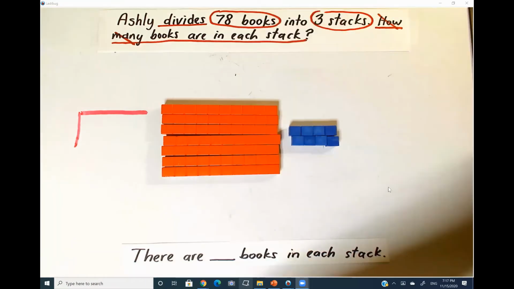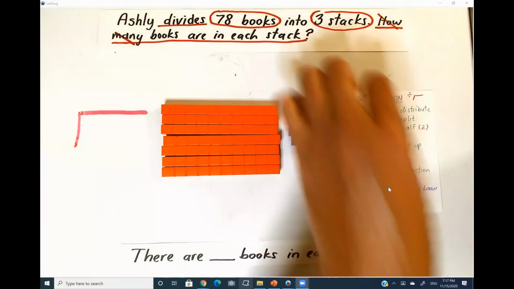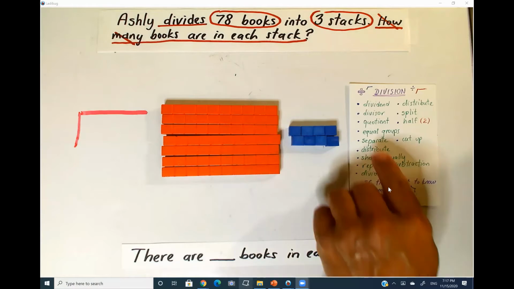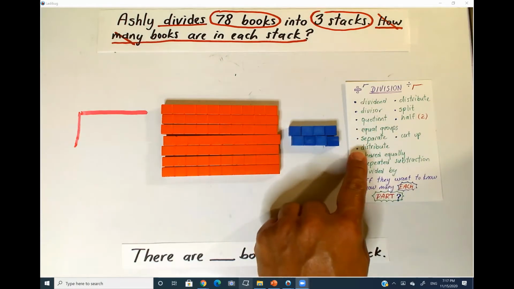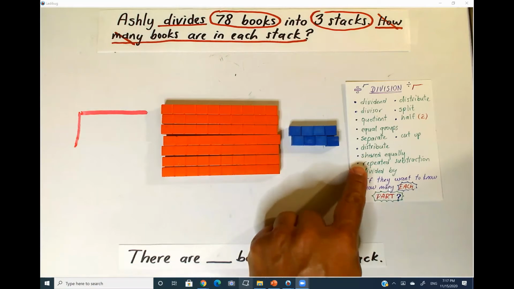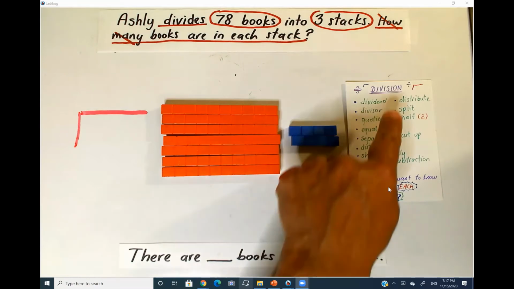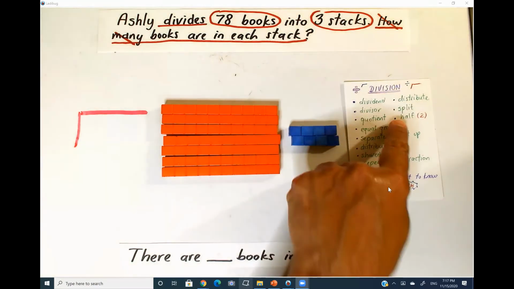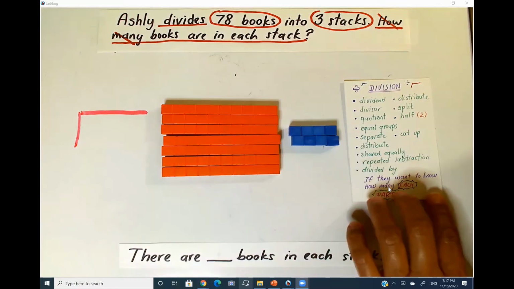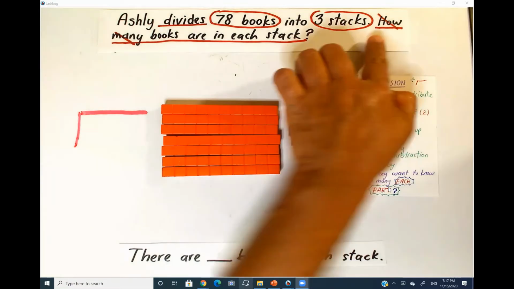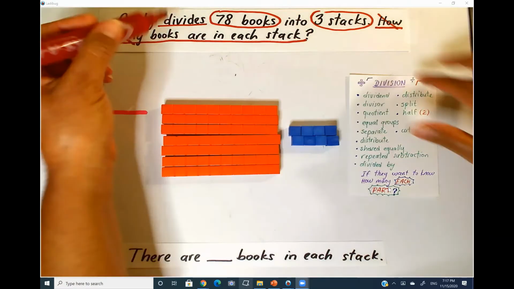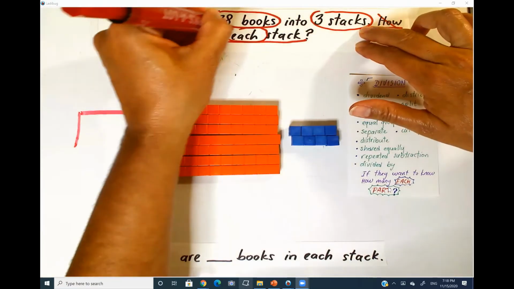So remember, some important vocabulary to do division is divide, dividend, quotient, equal groups, separate, distribute, shared equally, repeated subtraction, divided by, split, half, and cut up as words that remind me to do division. Now in this case, they want to know how many books are in each stack. That's important because we want to know how many in each.